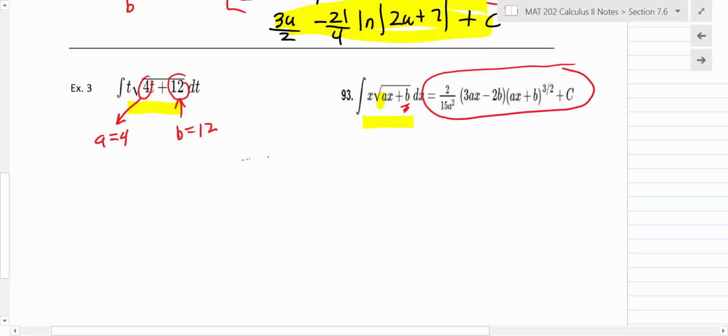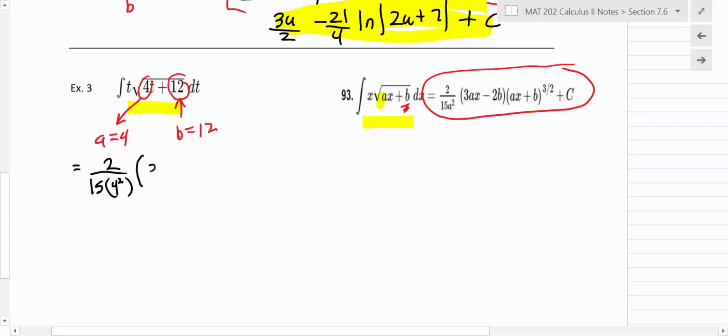So what I'm going to end up having is 2 over 15, and then a is 4, so 4 to the second. In the first parenthesis I have 3ax. Now t is the variable, so make sure you use t for the variable in your original integral.